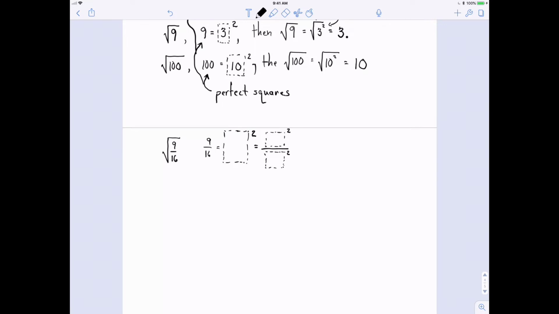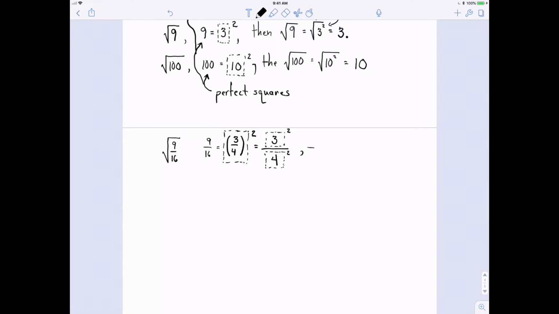Well, right up above we said that 9 was the same as 3 squared. And most of us are comfortable that 16 is the result of 4 times 4, or 4 squared. So you could think of 9/16 as 3 squared over 4 squared, or you could think of it as the fraction 3/4 squared.